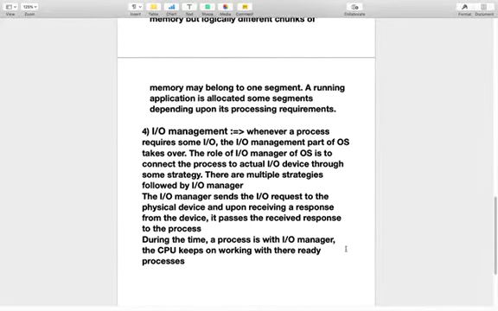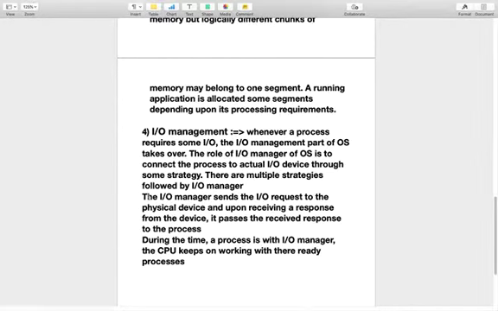And our fourth part of operating system functions is input output management. Whenever a process requires some input output, the input output management part of the operating system takes over. The role of the input output manager of the OS is to connect the process to the actual input output device through some strategy. There are multiple strategies followed by the input output manager.